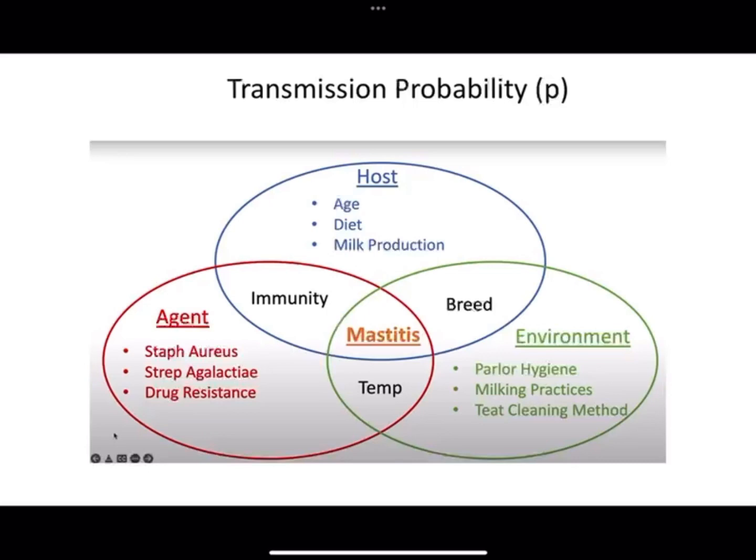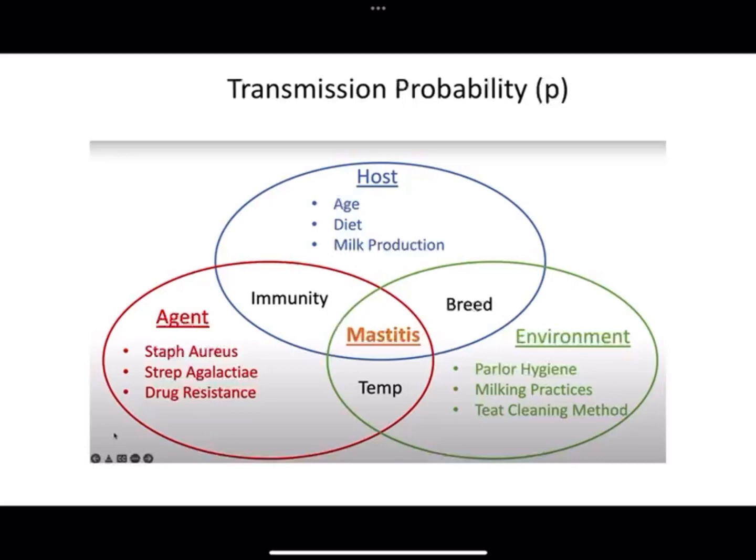The agent on its own: different agents can produce the same disease with varying infectiveness. The agent and environment can also interact in several ways. That's the reason that things like the common cold are seasonal. What I'm getting at here is that it's such a heroic assumption to say that transmission probability is this constant thing.